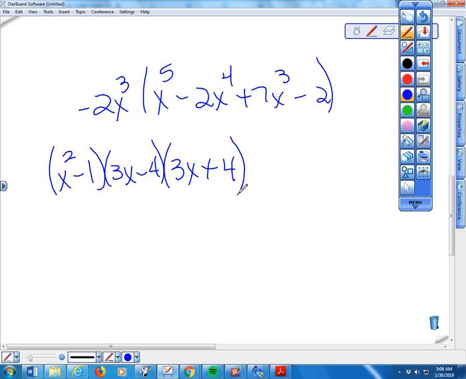Yeah. Okay, so just do these two first and then this one. But I would tell you, you're always trying to minimize your work if you can.